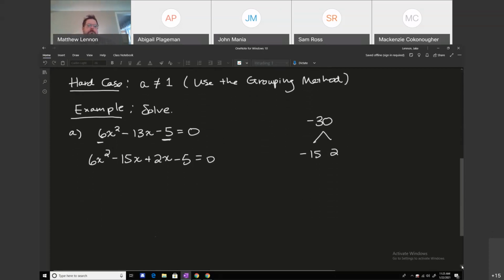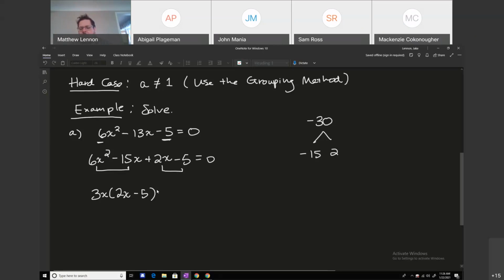So what happens is we look at this first group and then the second group. So the first group, you can take out a 3x, leaving us with 2x minus 5. So two things you'll notice. The second group is already 2x minus 5, and 2x minus 5 has a GCF of 1, right? There's nothing you can pull out.